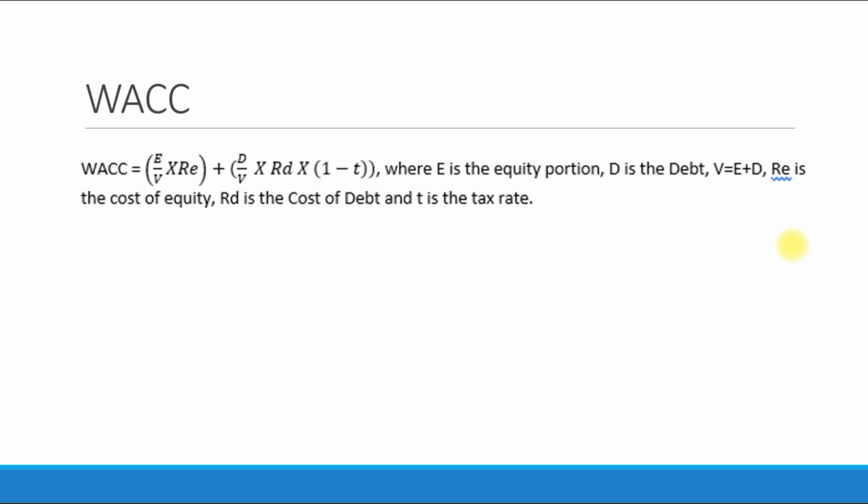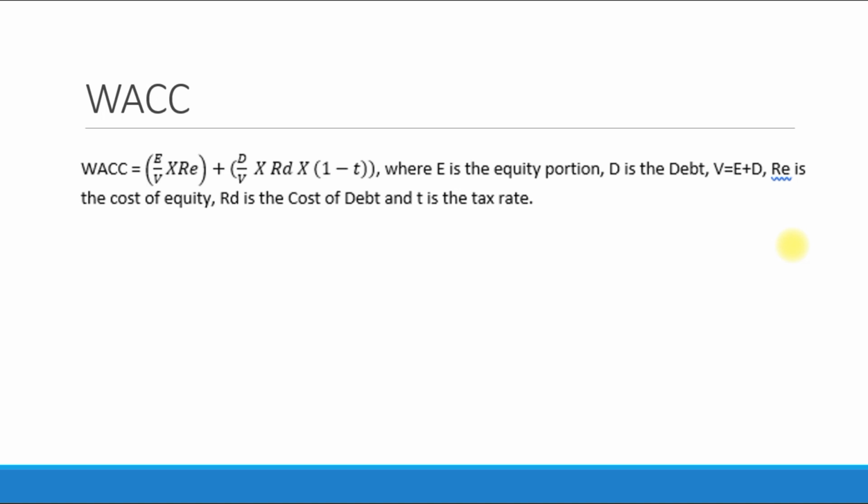So in historical weights, we prefer market value weights to book value weights.